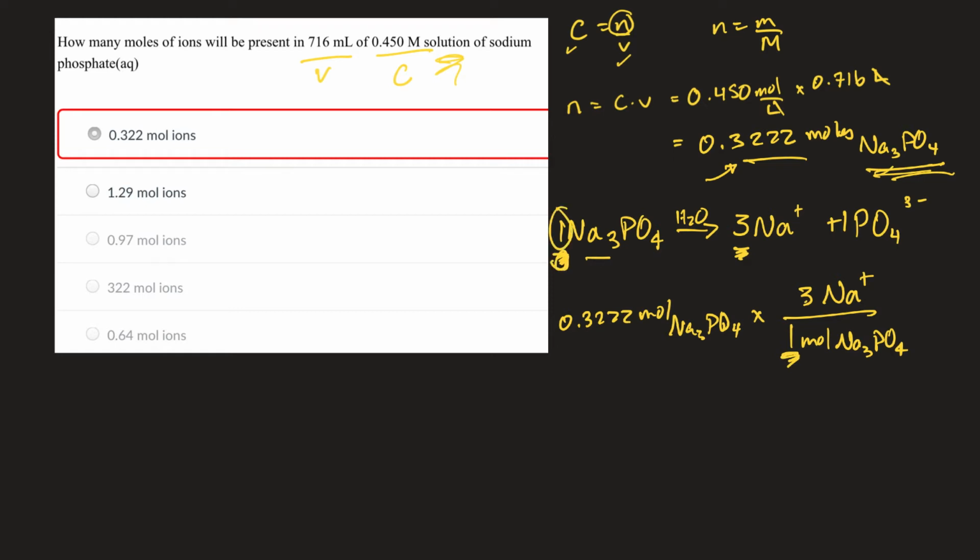And this 3 comes from right there. Okay, so let's take our number that we had there and times it by 3. So the moles of sodium ions are equal to 0.9666 moles. I should have put moles up here.